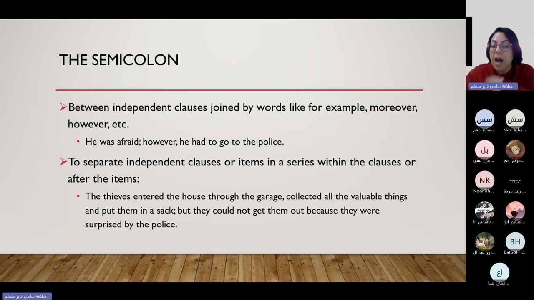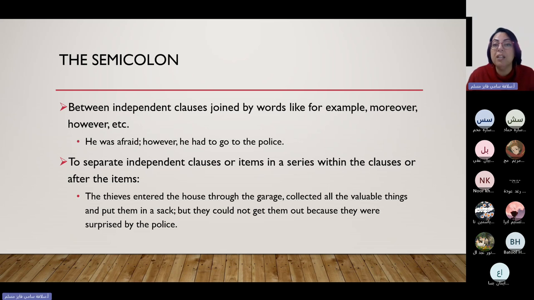They could not get them out because they were surprised by the police is another independent sentence. Why did we know that? Originally because with the semicolon we also have one of the fanboys.